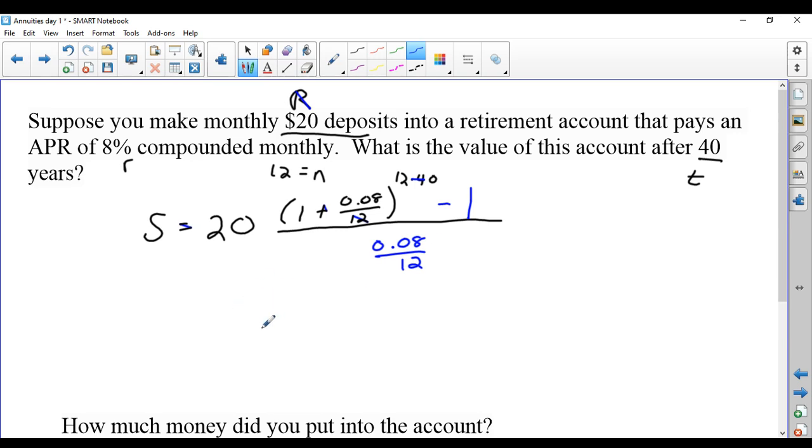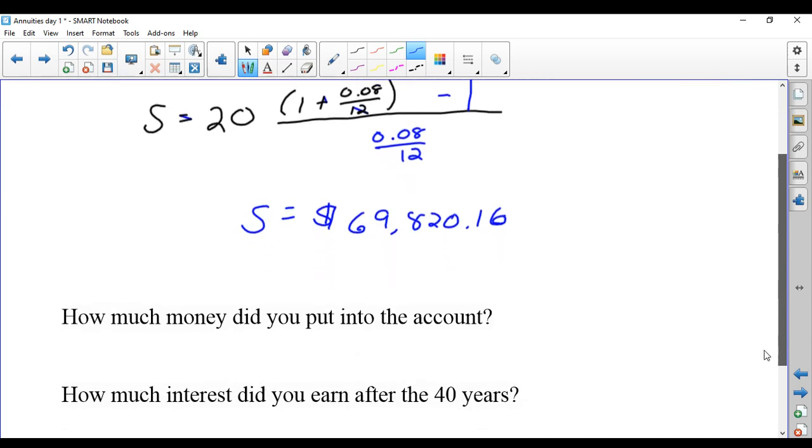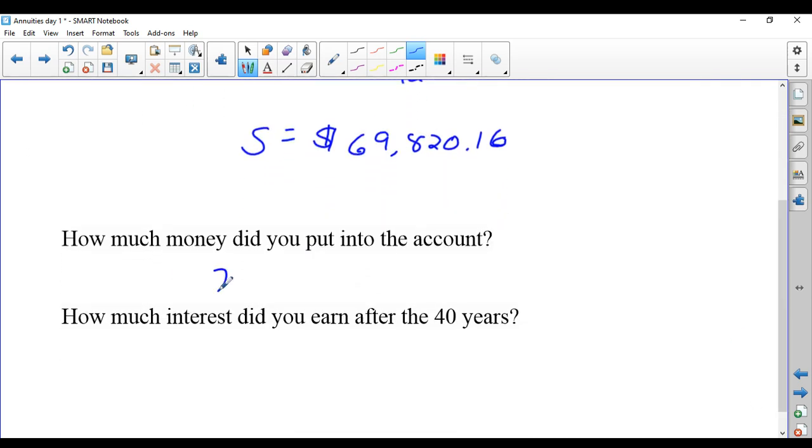When you put all this in your calculator, what you get is a future value of $69,820.16. You may notice that we put in twice as much each month. Our future value is twice as much. How much did we put into the account? $20 a month, 12 months a year, 40 years is $9,600.